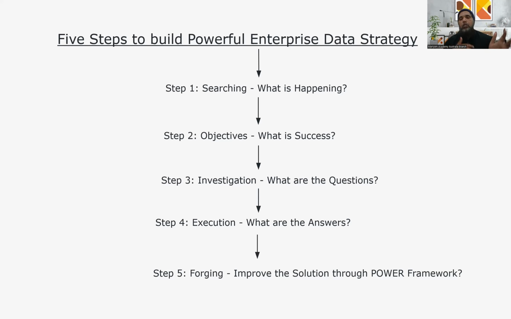Now, execution has its own details, and I think if we take one or two examples, it will be very clear how we can identify the answer and how that is linked to the execution of our data strategy. Now, the last but not the final one, obviously we can have more steps, but in this framework we are just discussing the last one, which is forging.